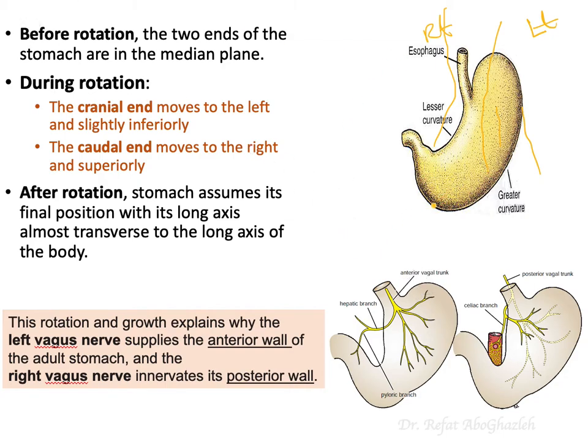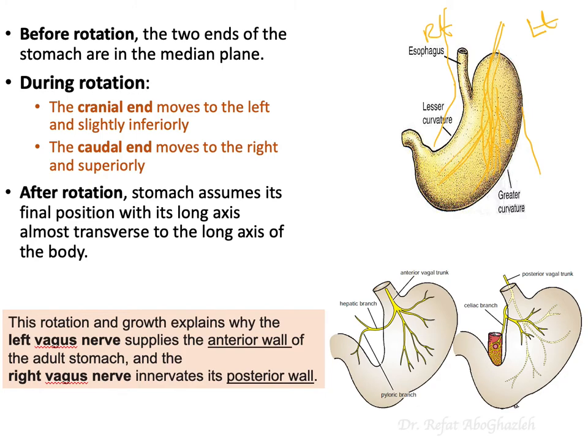The rotation changed not just the location of the nerves, but also their orientation and their names. So this explains why the left vagus, that was of course the left, is now anterior, right?